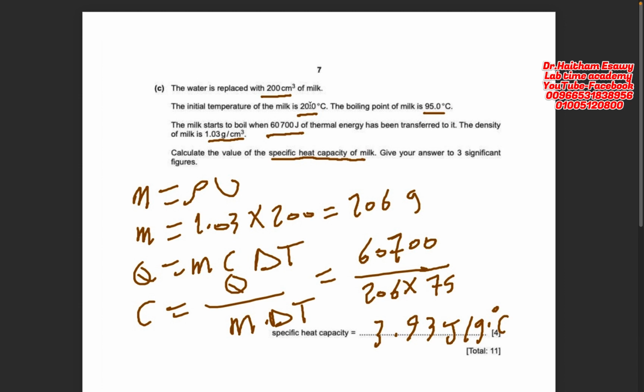Here we have 20 degrees Celsius, which is the initial temperature, and final temperature, which is 95. So you have to subtract 95 minus 20 to get delta T, which is 75. So you can obtain 3.93 joule per gram degree Celsius. You have the final answer in 3 significant figures.